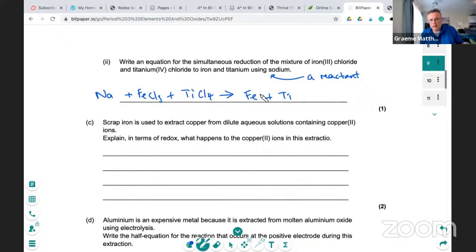Okay, so iron, titanium, 4 chlorines on this side. And I got sodium on this side. All right, so what I'm thinking then, chemist, straight off the bat, is hold on a minute. I don't have a product on this side that contains chlorine, but I've got chlorine coming in.